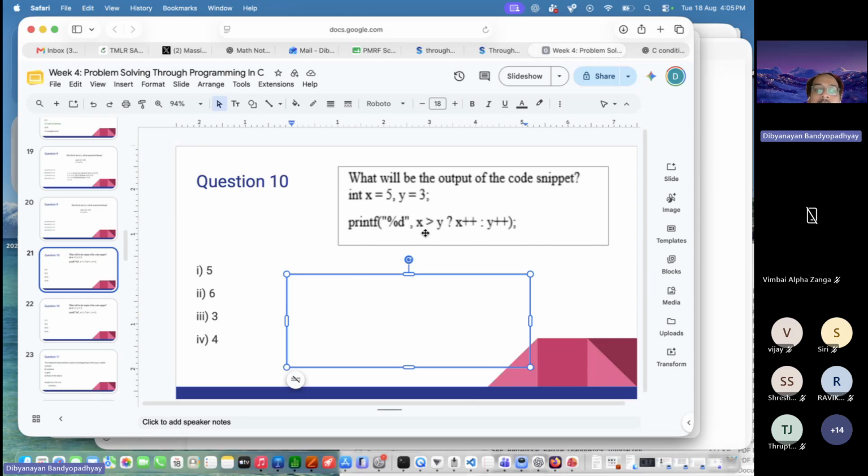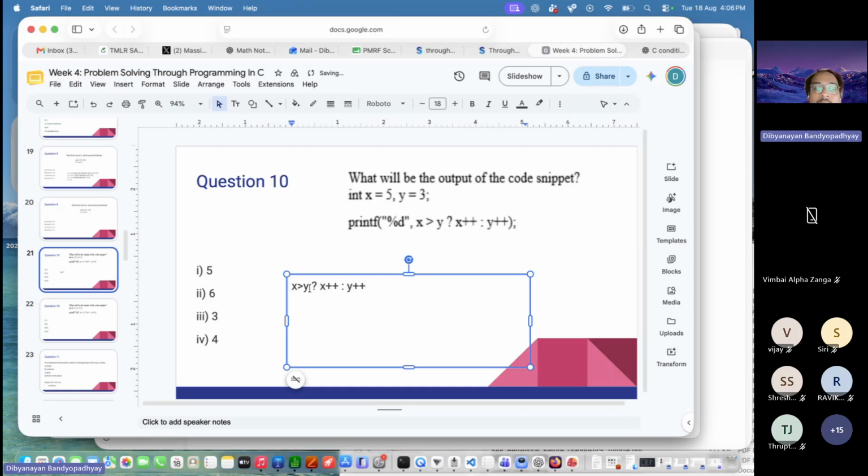If you see the values of x and y, x is greater than y, so the left-hand side of the ternary expression evaluates to true, correct? What will get printed: x plus plus or y plus plus.